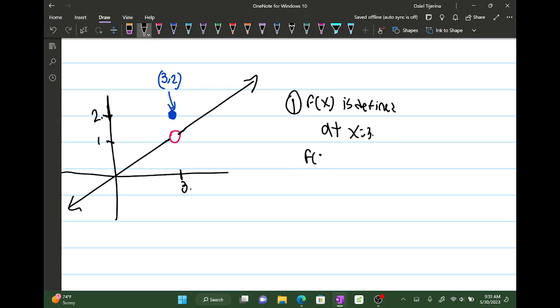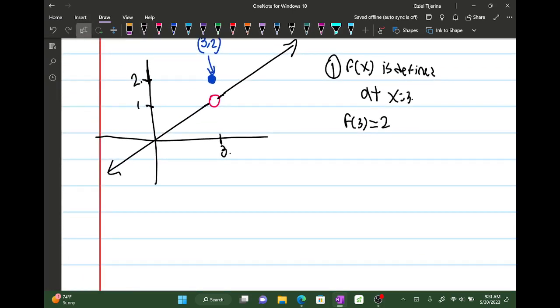F of 3 equals 2, so we know that that's true. Basically, we know that f is defined at x equals 3, because f of 3 equals 2.